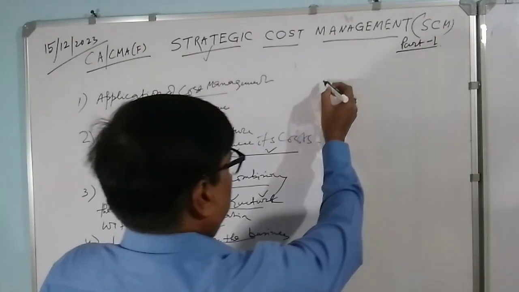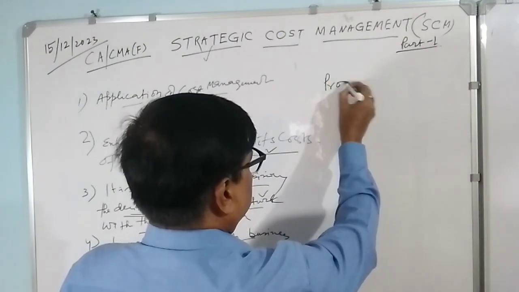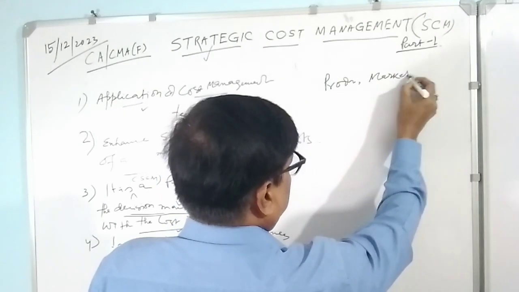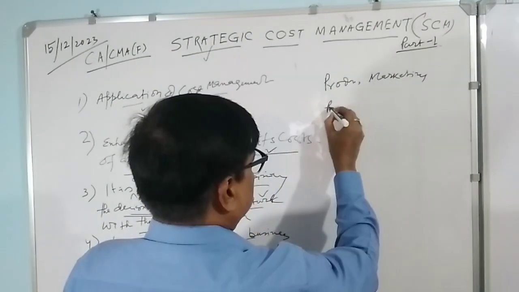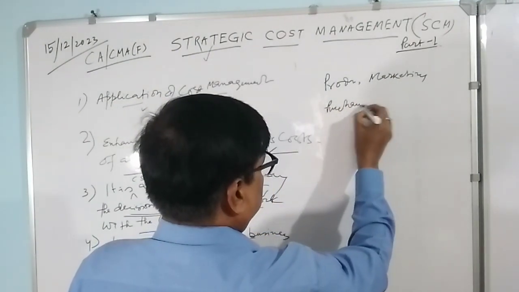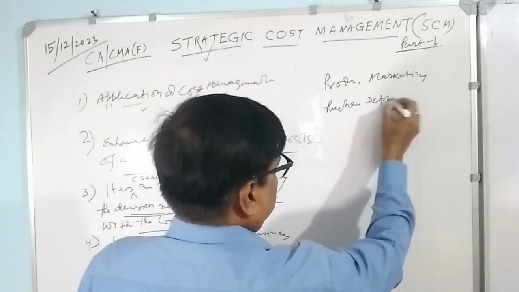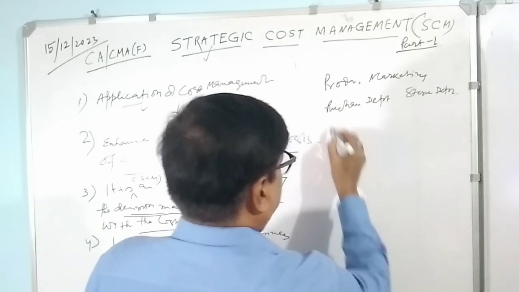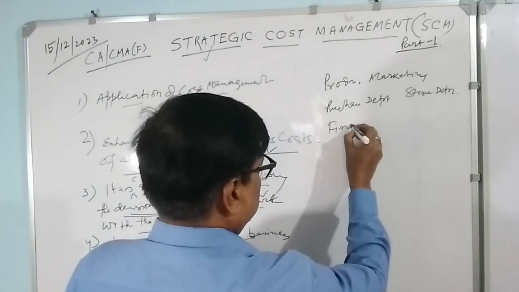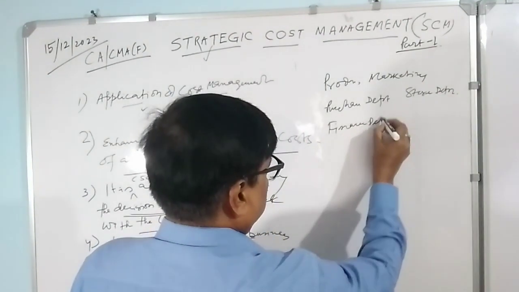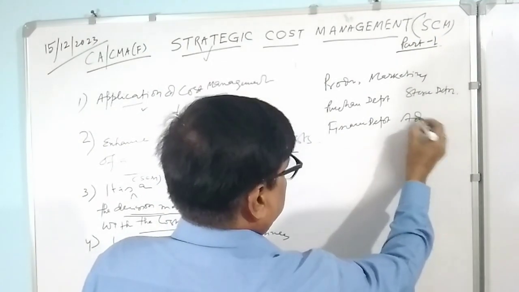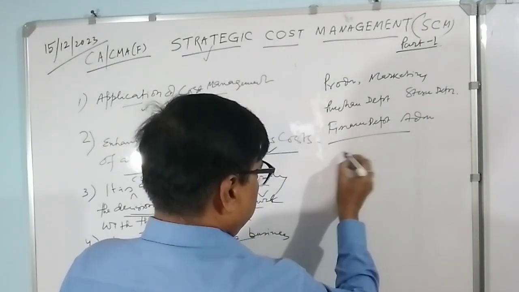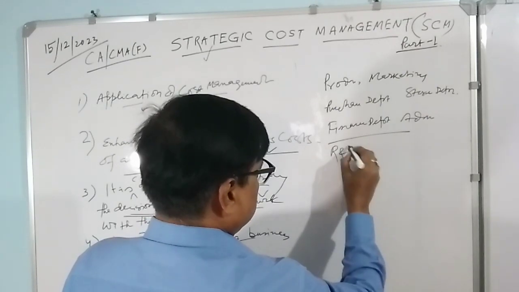You see that you have your production department, your marketing department, your purchase department, store department, finance department, administration department, etc. and your R&D, research and development.